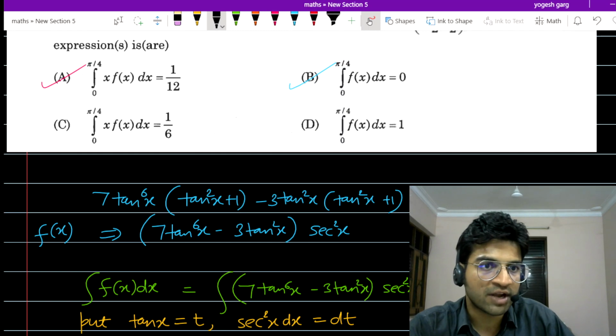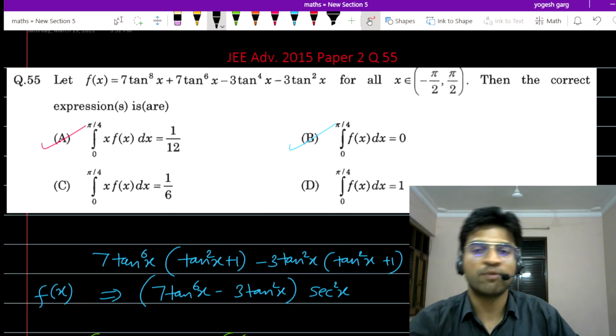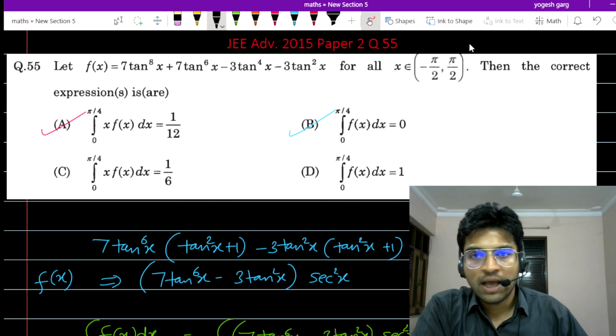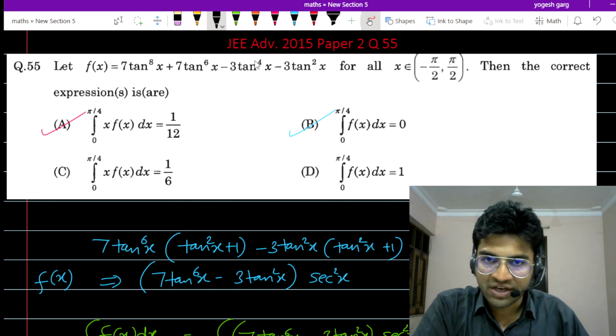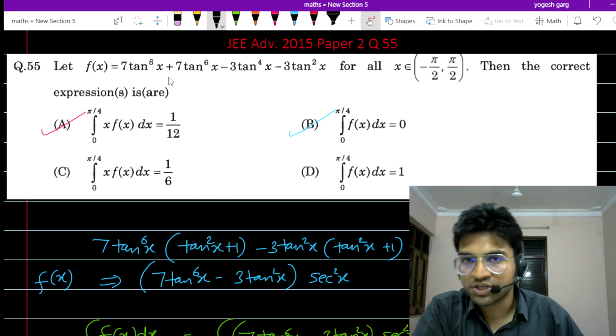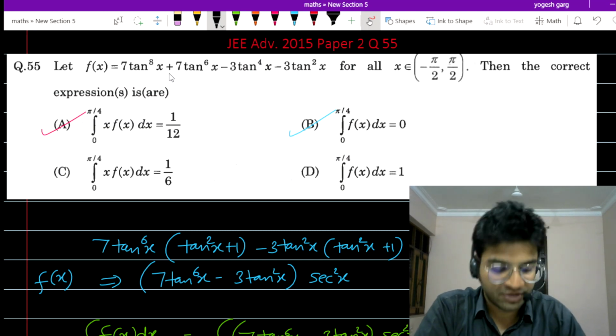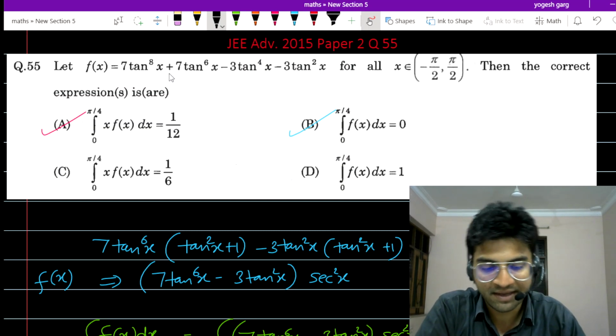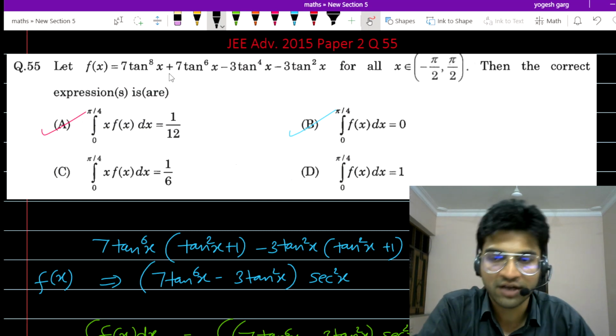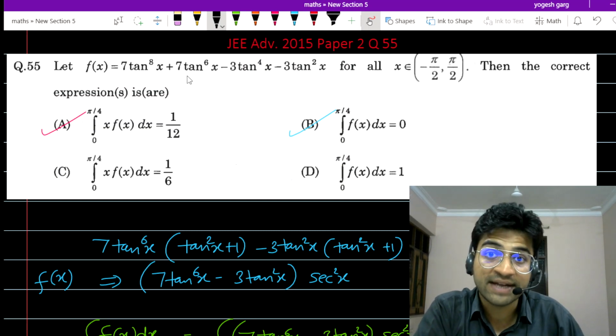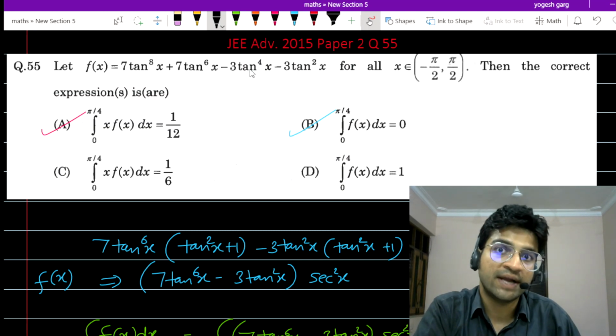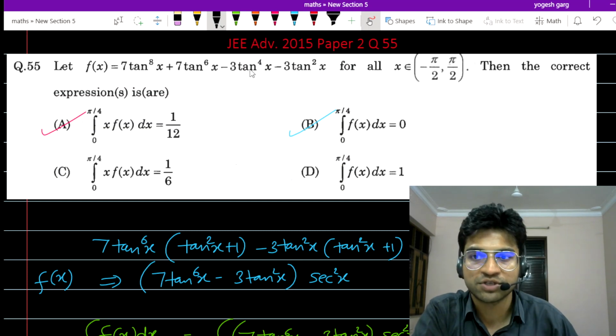Now again you must be wondering what is the utility of this question at this particular moment of time. I say it with pure conviction that this sort of question can appear in mains. The only point which I raise over here is taking tan square x plus 1 common, right? That's an interesting part of this question.